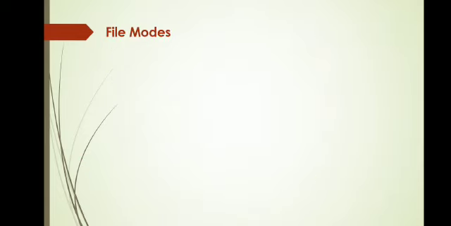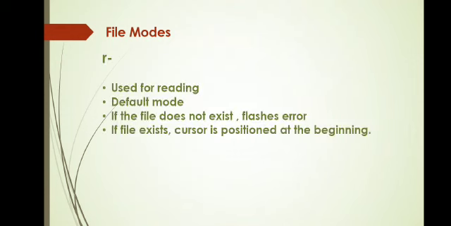Now talking about the file modes. File modes basically specify the type of operation that you want to perform on the file. The first file mode is the R mode. As the name suggests, it is used for reading the file, and this mode is the default mode.